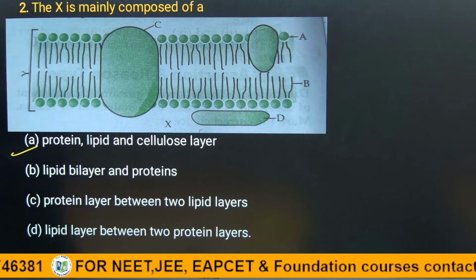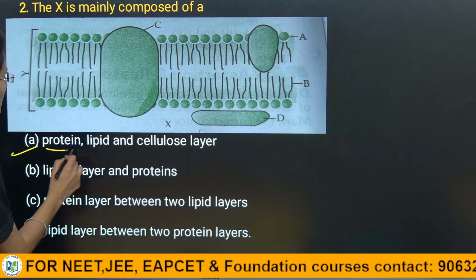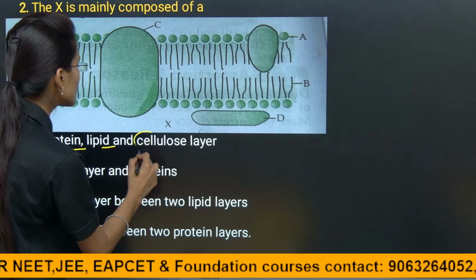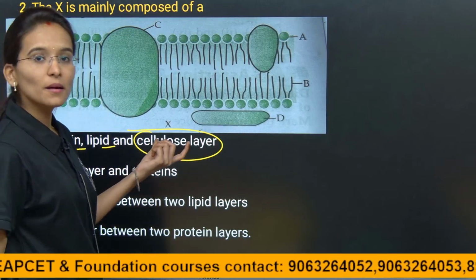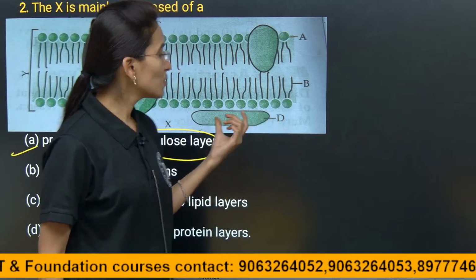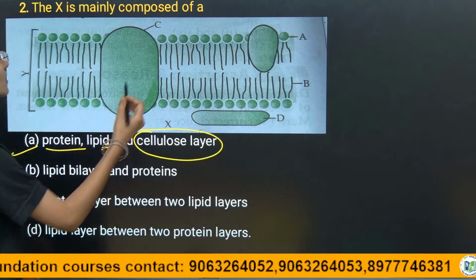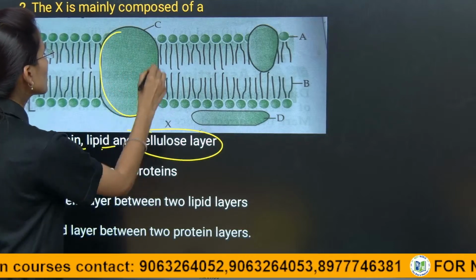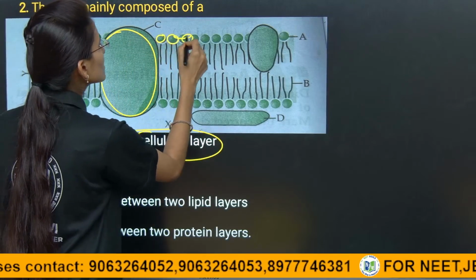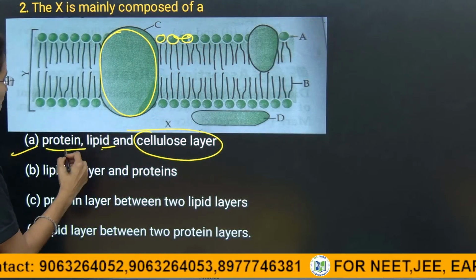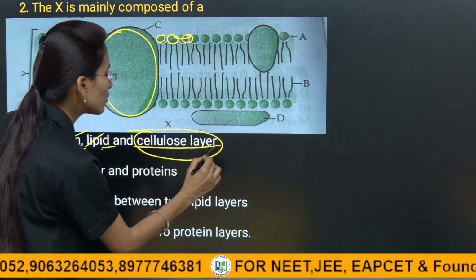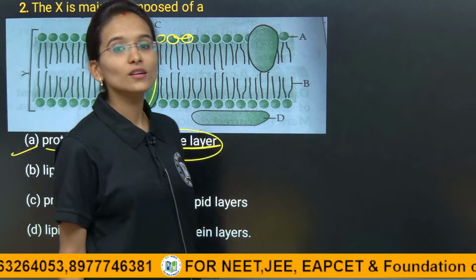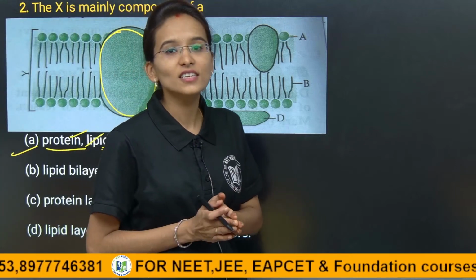The given options are protein, lipid, and the next, cellulose layer. It is made up of a phospholipid bilayer, right? So proteins and lipids, it is made up of a few intrinsic proteins and lipid layers. So in option A, proteins and lipids are correct, but one more statement is there, called cellulose layer. What is cellulose layer, children?